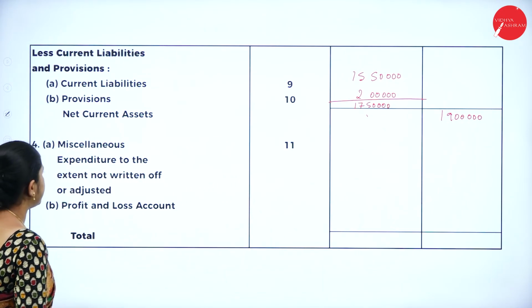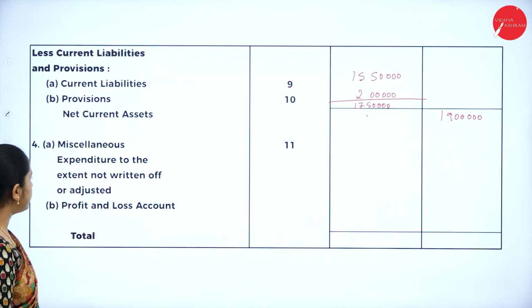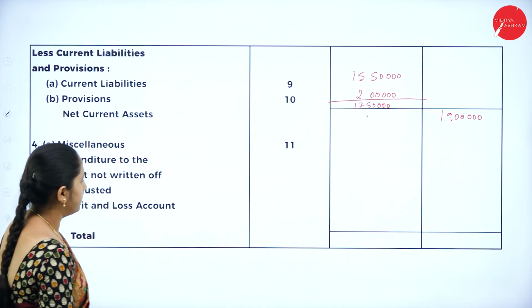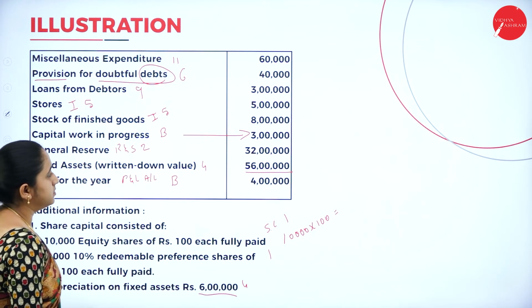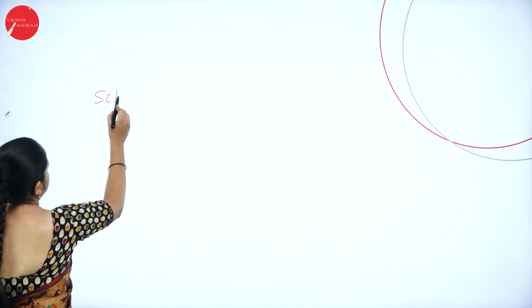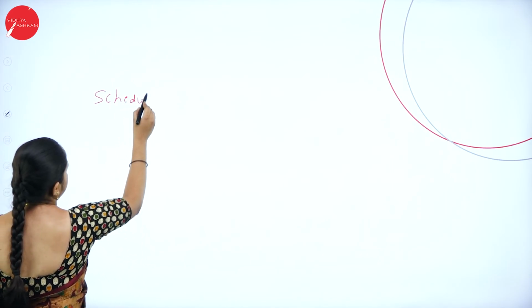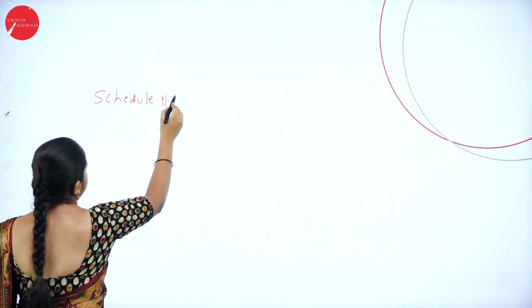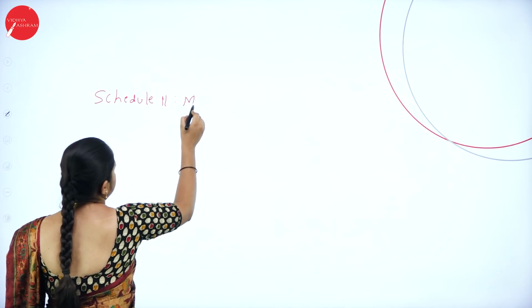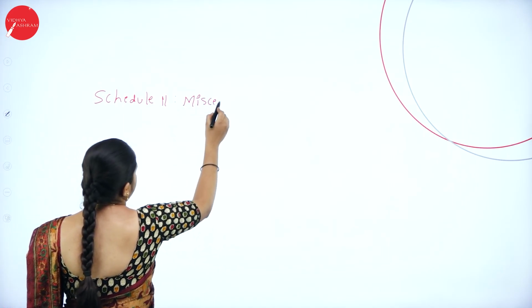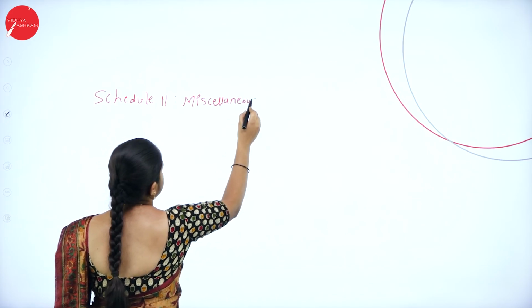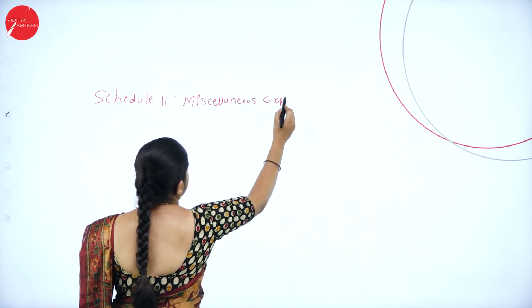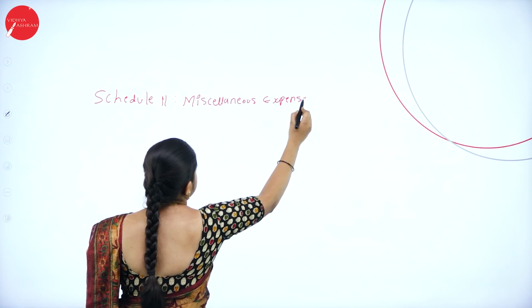Next, miscellaneous expenditure to the extent not written off or adjusted. Schedule 11, miscellaneous expenditure 60,000. Last schedule, schedule 11, miscellaneous expenses.